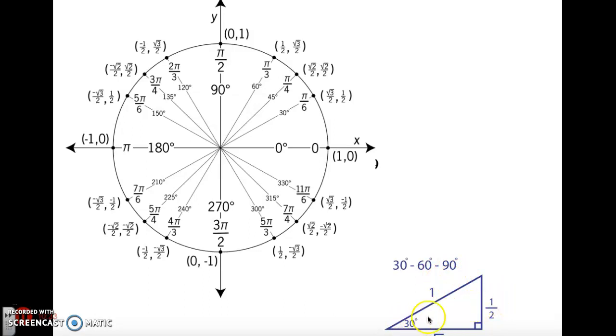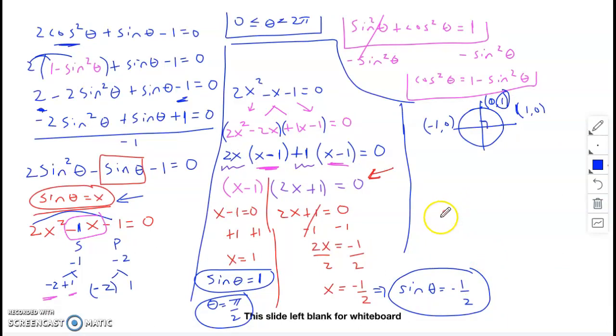So I'm thinking I need to use the 30-degree angle, which is pi over 6. Again, in my 30, 60, 90, this is my 30-degree angle. Across my 30, this length is 1/2. That means my angle is 30, which is pi over 6. This is going to be my reference angle.